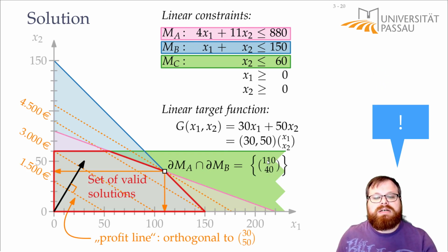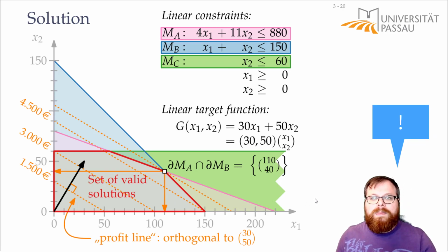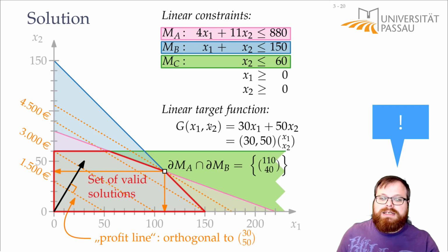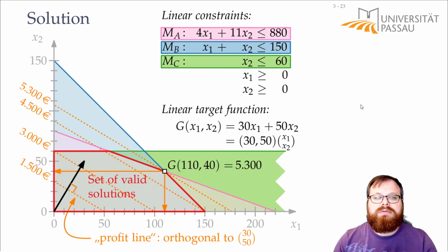That's at 110 for x1 and 40 for x2. And what is the profit of this point? We just take the point and plug it into the target function. So we get 30 times 110 plus 50 times 40, and then we get 5,300 euros. So here the solution is 5,300, and you get it by producing 110 keyboards and 40 mice per day.